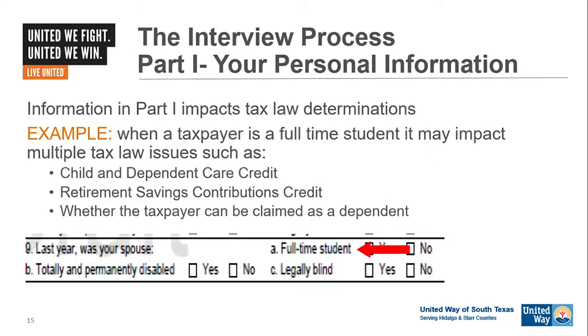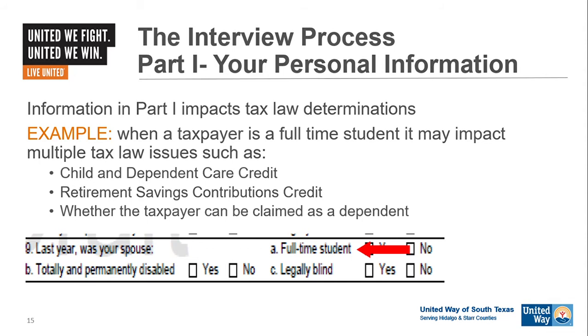Information on part 1 impacts tax law determinations. When a taxpayer is a full-time student, it may impact multiple tax law issues such as the child and dependent care credit, the retirement savings contribution credit, and whether the taxpayer can be claimed as a dependent. So just make sure that if they were a full-time student, this can all affect the credits that they receive.